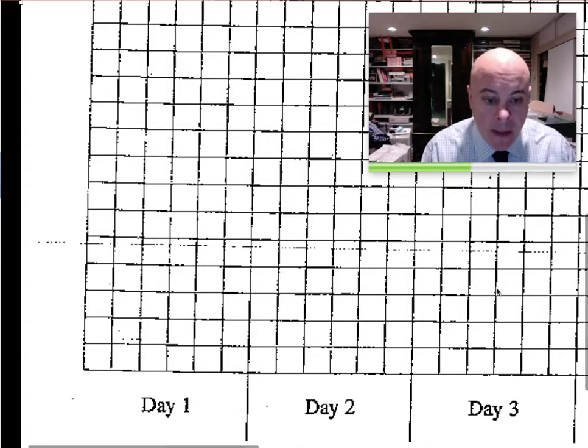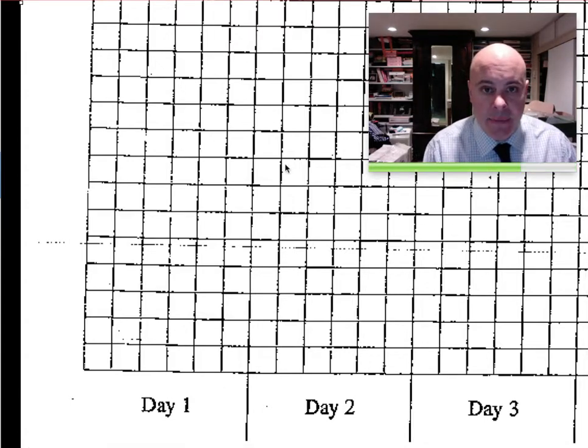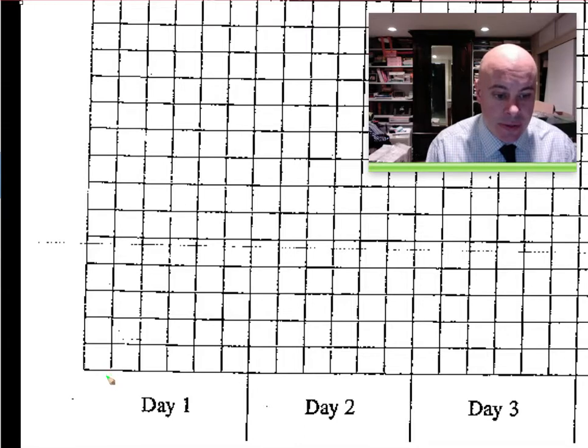All right, so here we have day 1, 2, 3, and 4. We want to make sure that each day is represented as far as the 24-hour day goes. So what we're going to do here, this would be 4, this would be 8, 12, 16, 20.